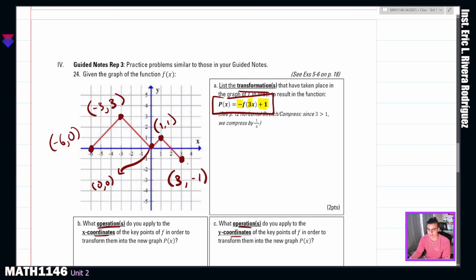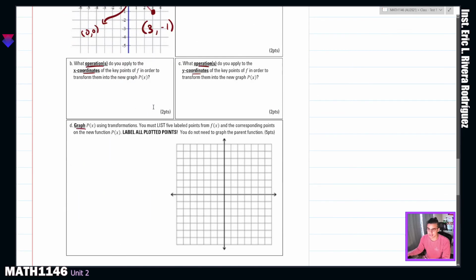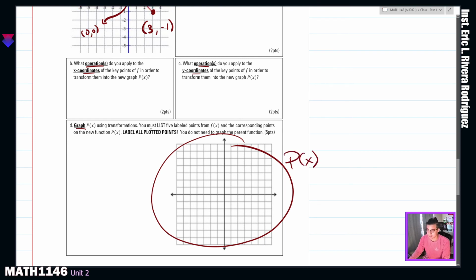5 key points. For the last part here, where you need to graph the new transformation, the graph of P of X, you need to label 5 points. You need to use 5 key points and 5 new key points. You are not going to sketch the graph of f of x here.